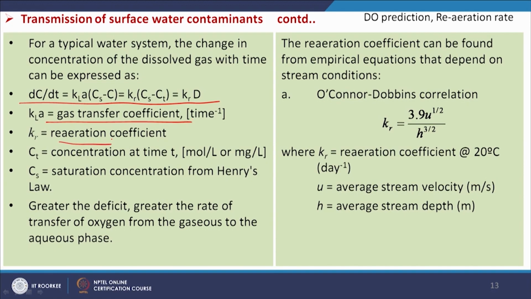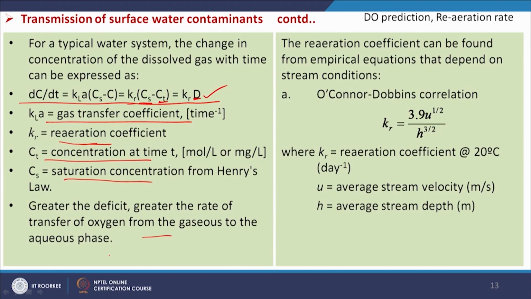Kr is the re-aeration coefficient, Ct is the concentration at time t, and Cs is the saturation concentration from Henry's law. So, the saturation concentration of oxygen in water minus the concentration at any time t is our driving force, multiplied by Kr, the re-aeration coefficient. This Cs minus Ct is nothing but the deficit D. So, the expression is dC/dt equal to KrD. The greater the deficit, the greater the rate of transfer of oxygen from the gaseous to the aqueous phase.